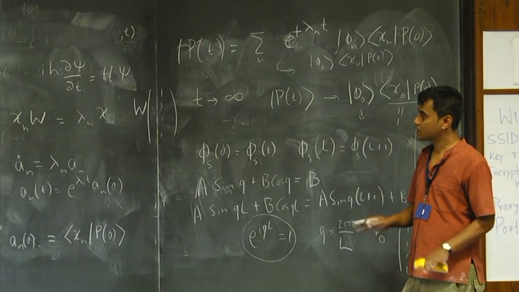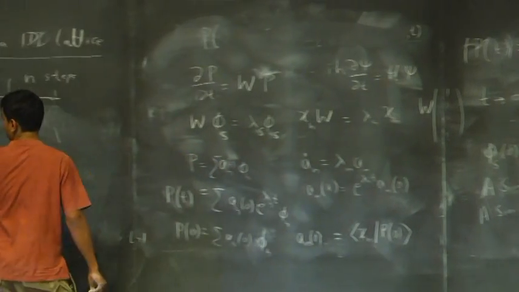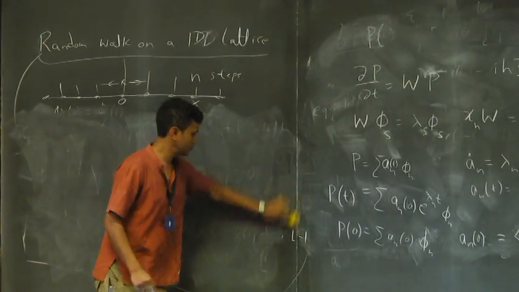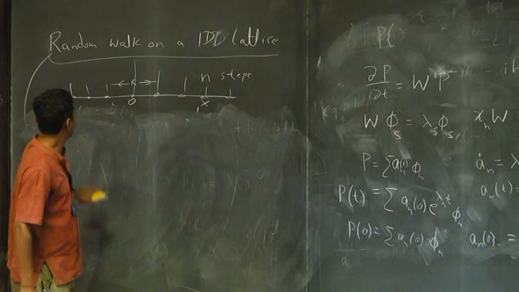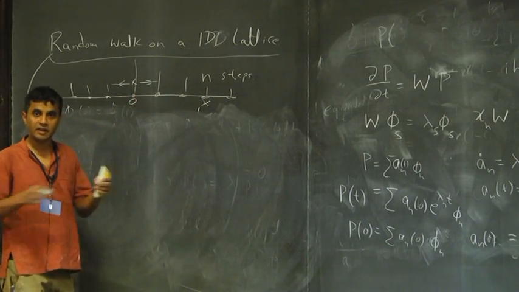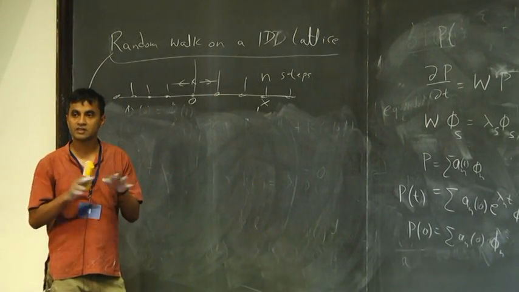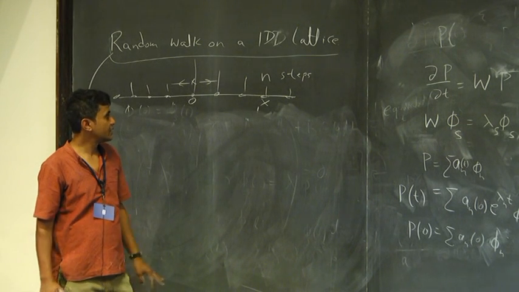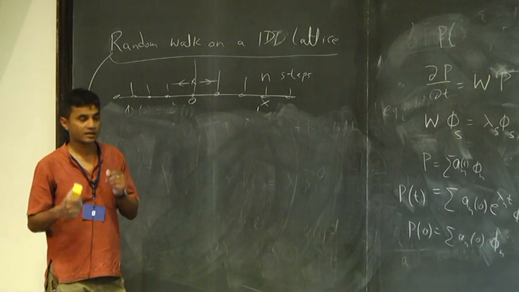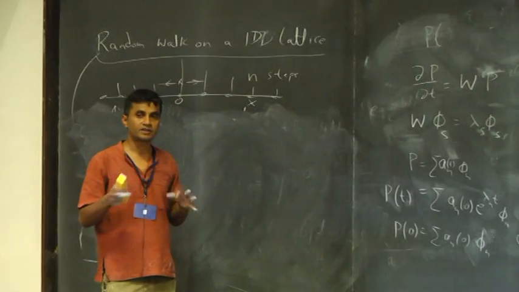Let me just summarize what I did. I started with this discrete random walk on a lattice, where the system is infinite, and we looked at how a bunch of particles evolve in time. We saw how you describe this in various cases, where you make space continuous and time continuous.